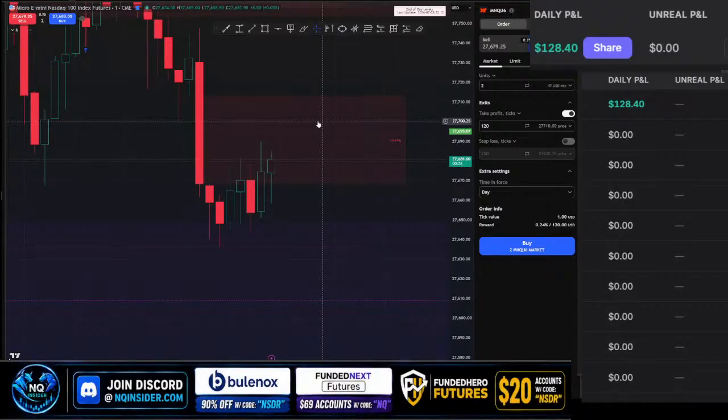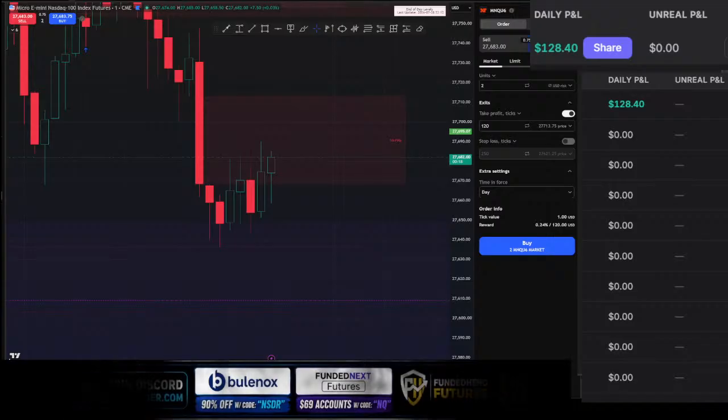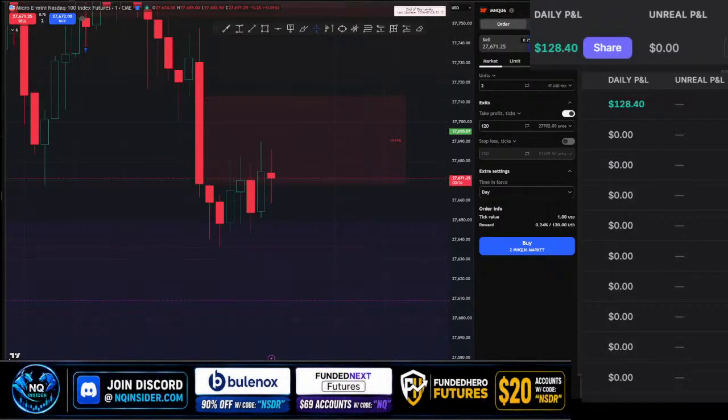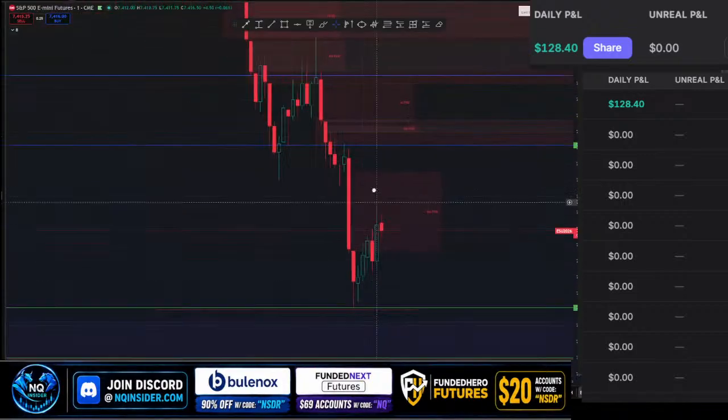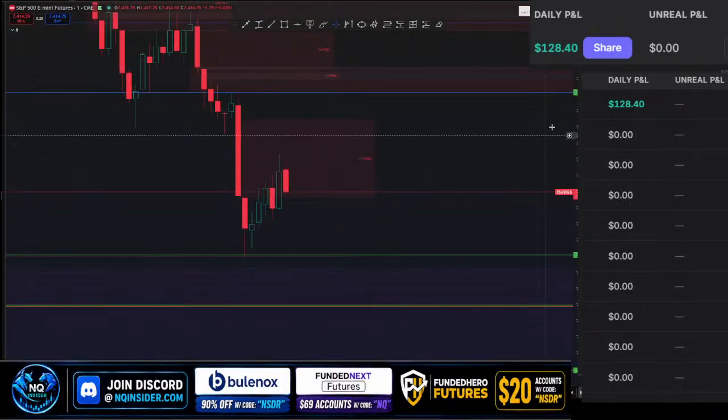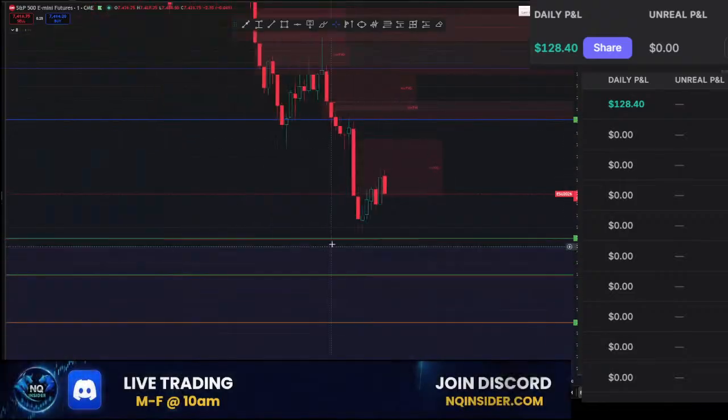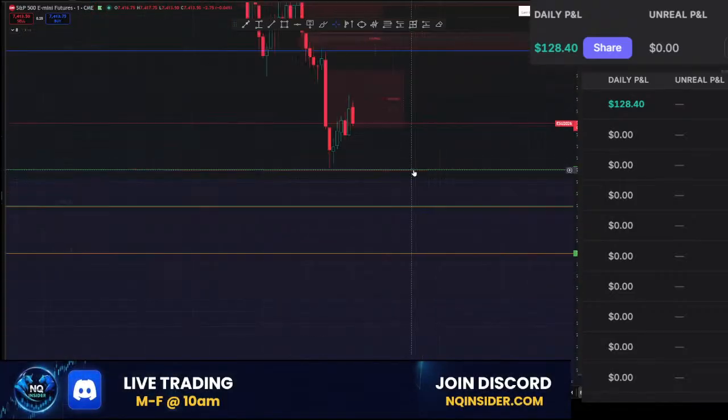Timestamp 10:19. There's a 9-point volume imbalance here, lower, higher. This is looking like it's about to dump. Why did they miss this 15-minute BISI on this ES like this?